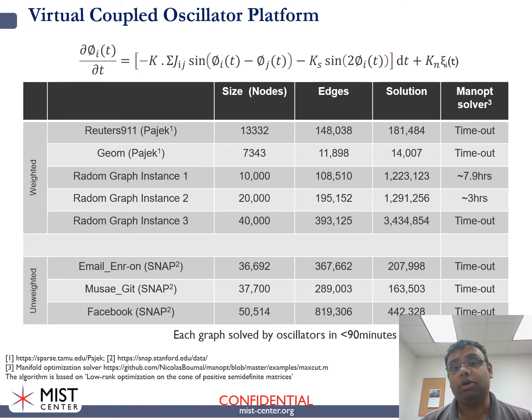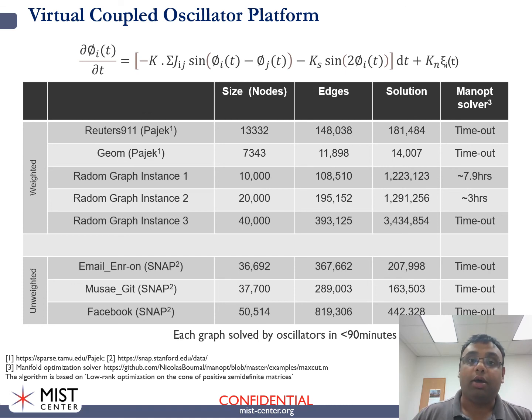to the standard digital approach. And remember, this is on a virtual emulator. So here we are still not using the full potential of the system and using the physical energy minimization to our advantage.